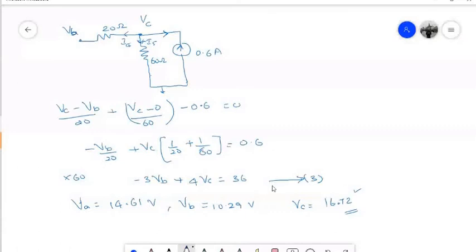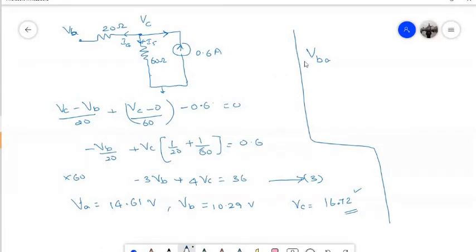Now that will be reflected when you are trying to answer the question that has been asked. Now the question that has been asked to you is to find the voltage VBA. If you have carefully seen the question, you need to find the voltage VBA.